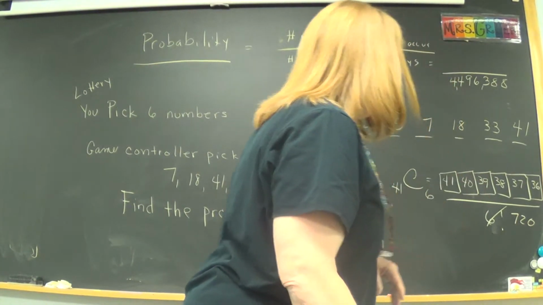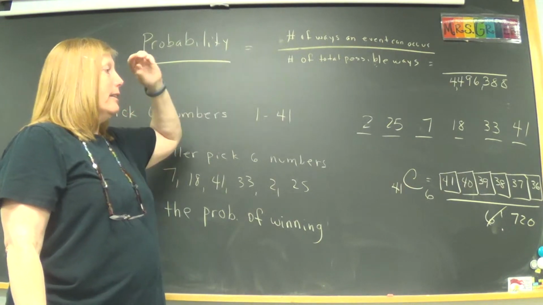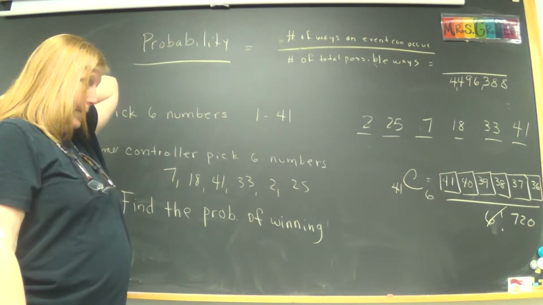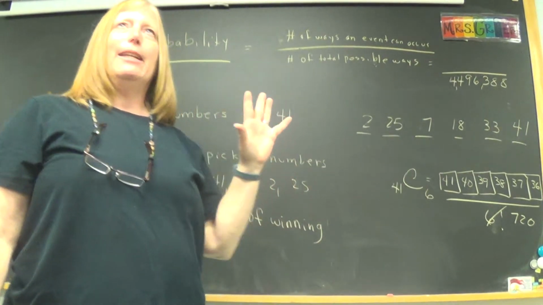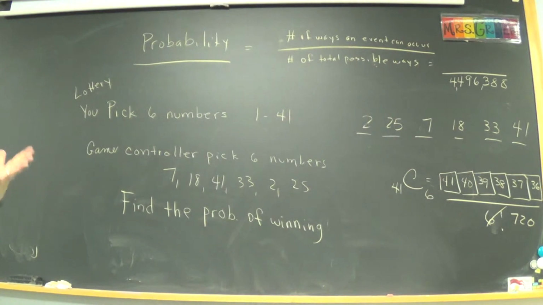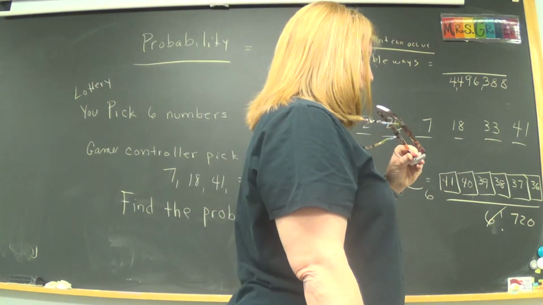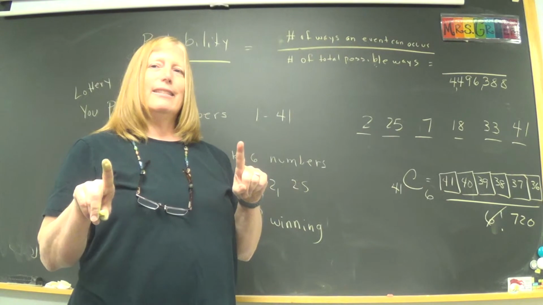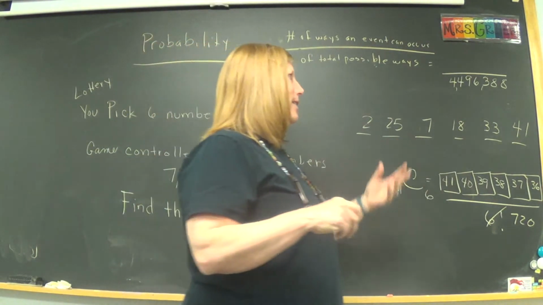So, how many ways can this event happen? How many numbers are you going to select? 6. You're only going to buy one ticket, and it's going to have your selection.